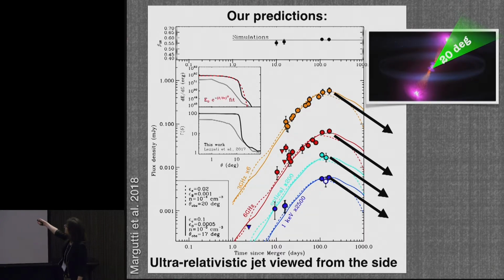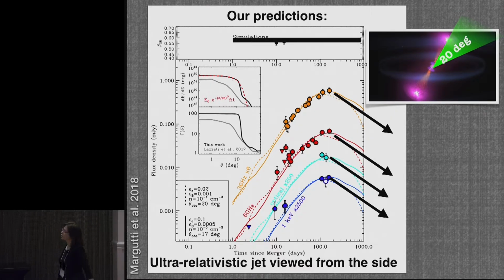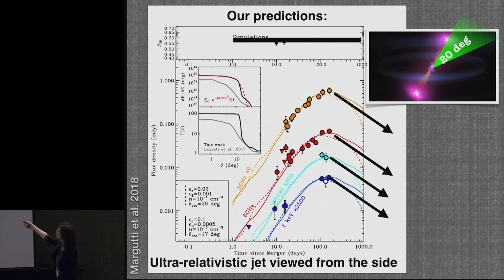So our thought was that if this emission keeps rising, that's a problem for jet models. We are running out of energy. The other prediction is that we were expecting to see no spectral evolution. So here is the index. You can't really read it, but it's an index between radio and X-rays. Our prediction was no evolution at all.